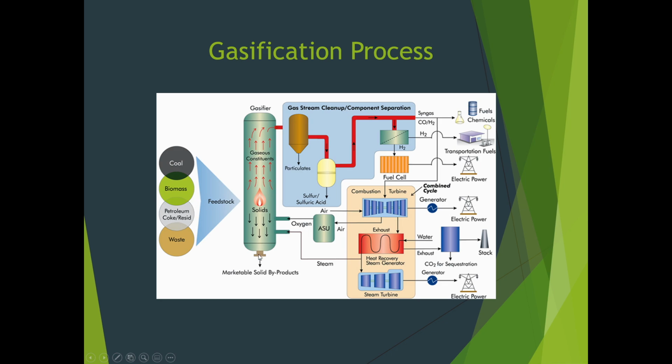We put it into the feedstock and we just gasify it. We burn it at really high heats, and it turns into gas. It comes into the gas steamer. Then if acid is added to it, it goes right through, and hydrogen is taken out. That hydrogen can run a fuel cell if we wanted to.